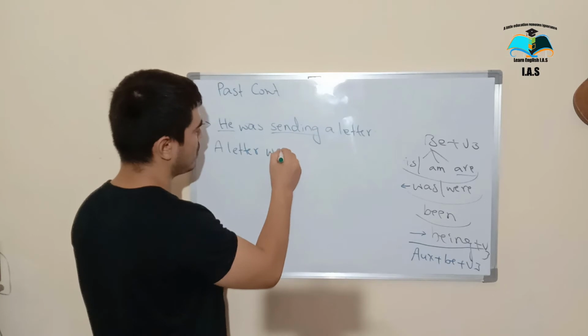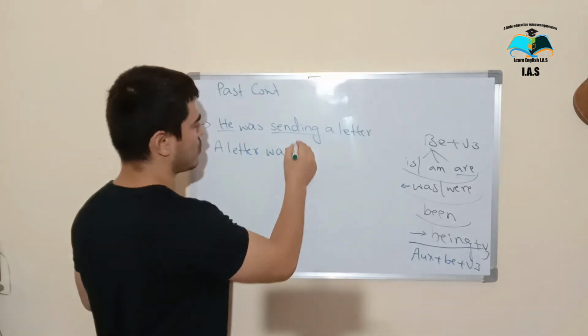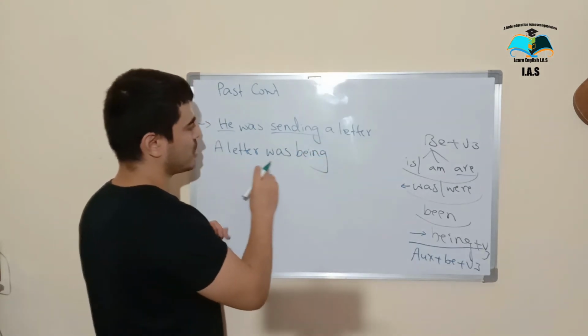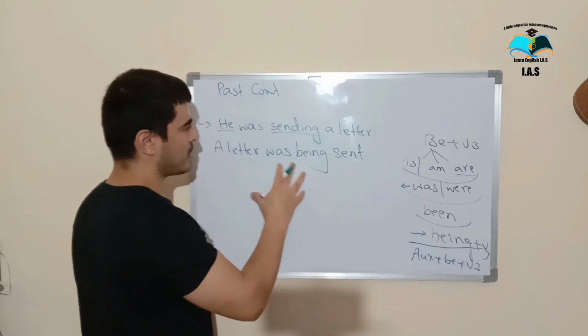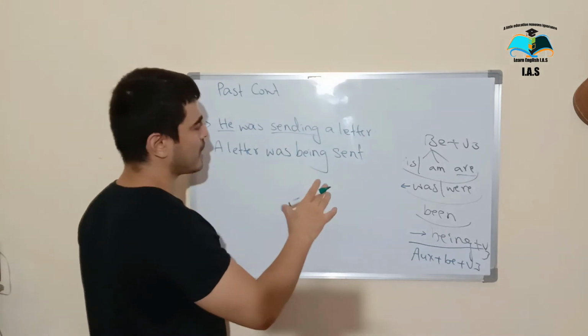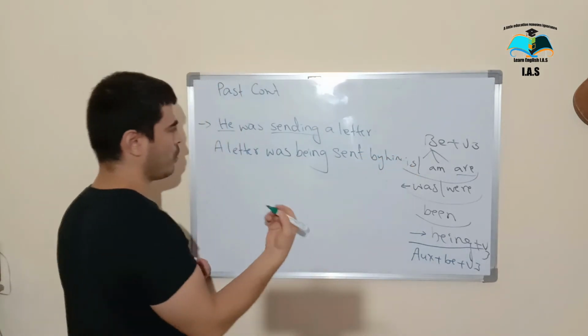A letter was, and I am going to use being because I'm talking about continuous or progressive tenses. A letter was being sent. The sent modifies that I'm talking about the passive. A letter was being sent by him.